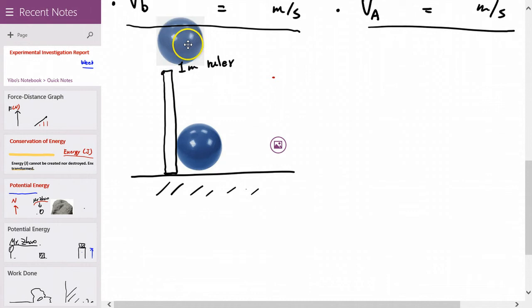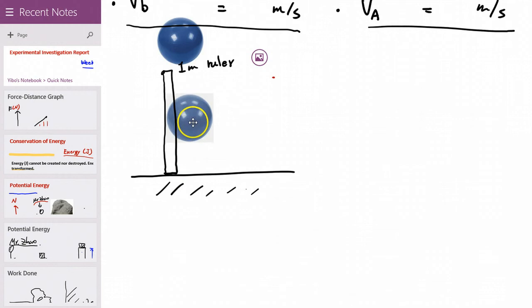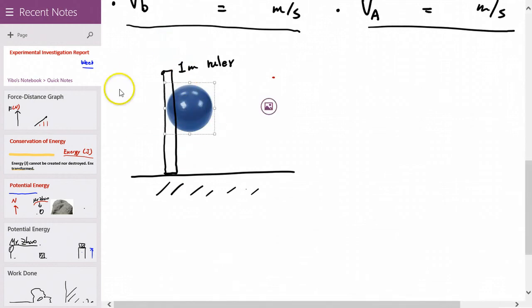As you drop the ball, it bounces back, and you can use the video to record this process.